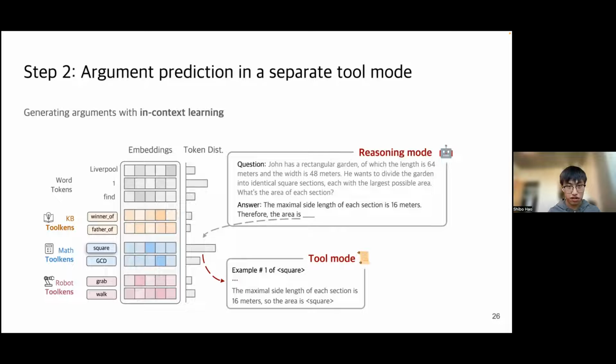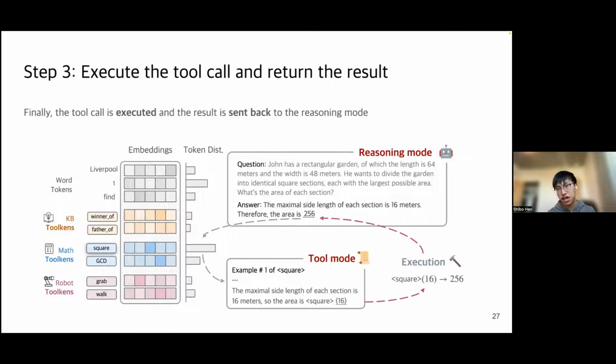Here we provide a few demonstrations of the selected tool in the context. And if everything goes well, the LM can correctly predict 60 as the argument. Finally, the call is executed and the result is sent back to the reasoning mode. That's the inference process of ToolkenGPT.